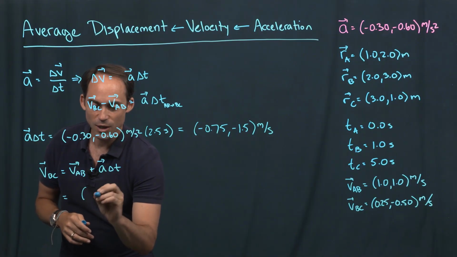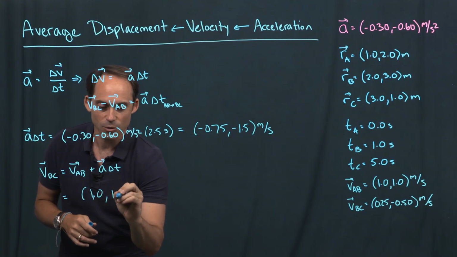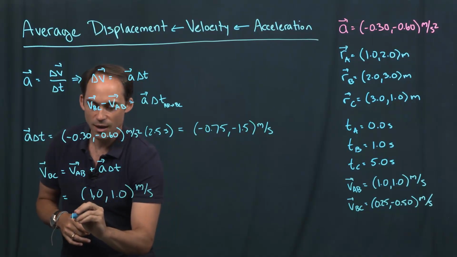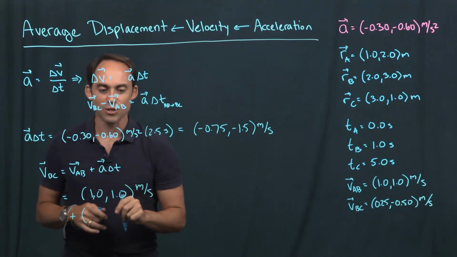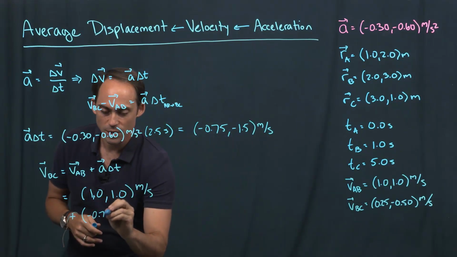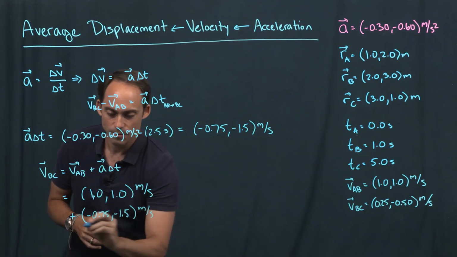All right, so we can just compute. We've got 1.0 meters per second for VAB, and we're adding our acceleration times time step. That's this quantity right here, minus 0.75, minus 1.5 meters per second.